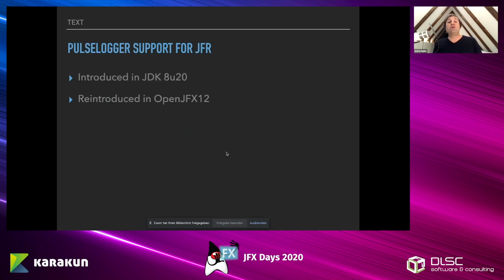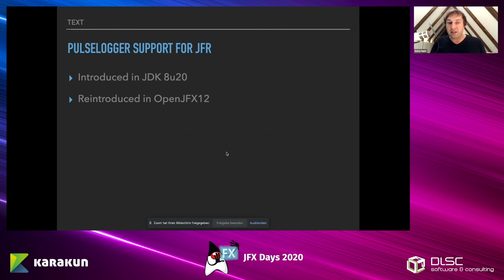And I told you before that the pulse logger has two implementations. One of them is the print logger, and the other one is, I think it's called JFR logger. It's also in JavaFX directly, so you don't have to install it. It's already there.